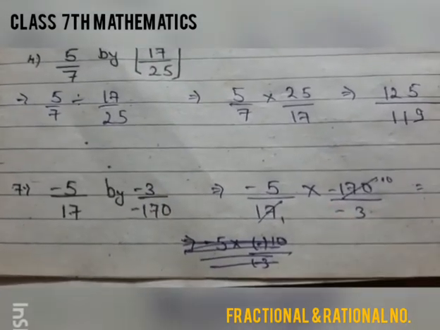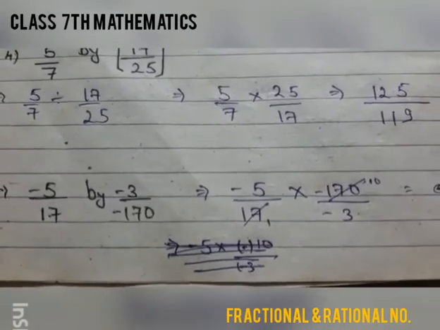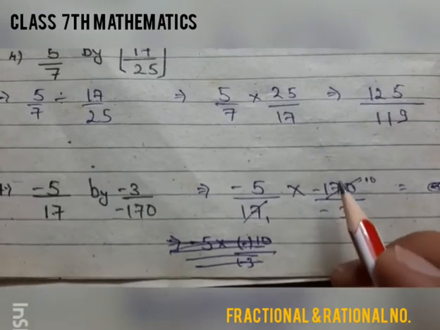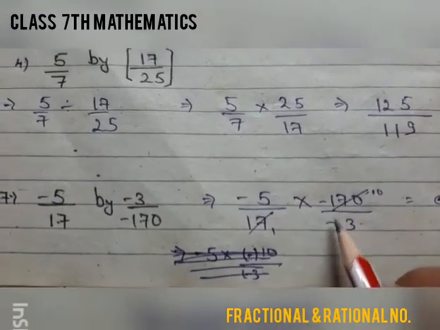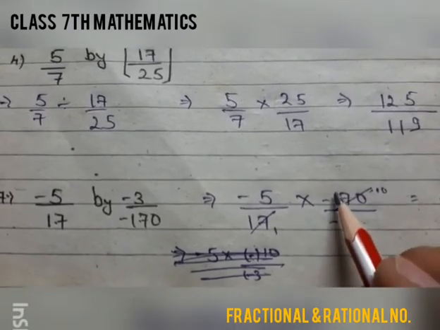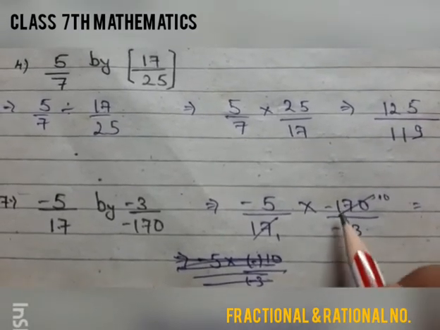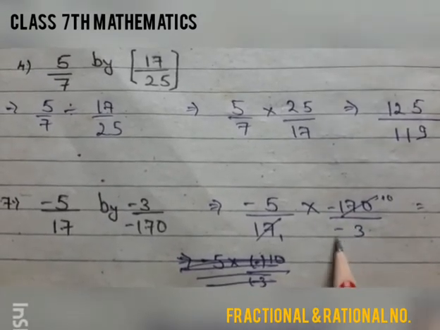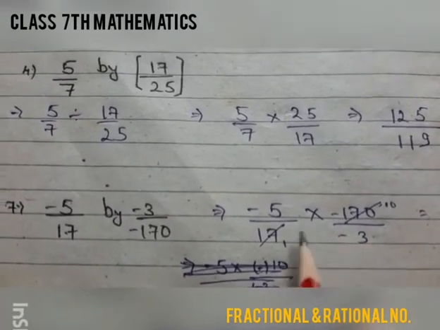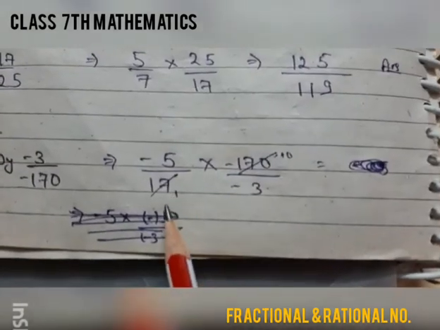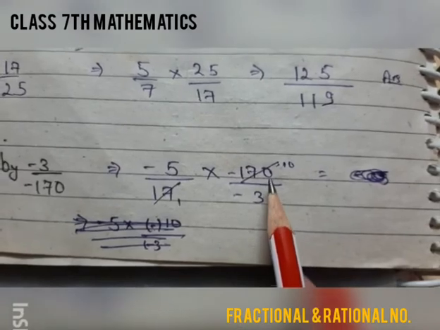Now multiplication you can do. Now see, here also it is minus, here also it is minus. When there are two minus signs in the numerator and denominator, they are always struck off, meaning they are cut. So either you can cut it here, or don't pay attention right now to the sign of the integer, simply solve it. When you solve, you will get the answer. 17 ones are 17, 17 into 2 is 170.